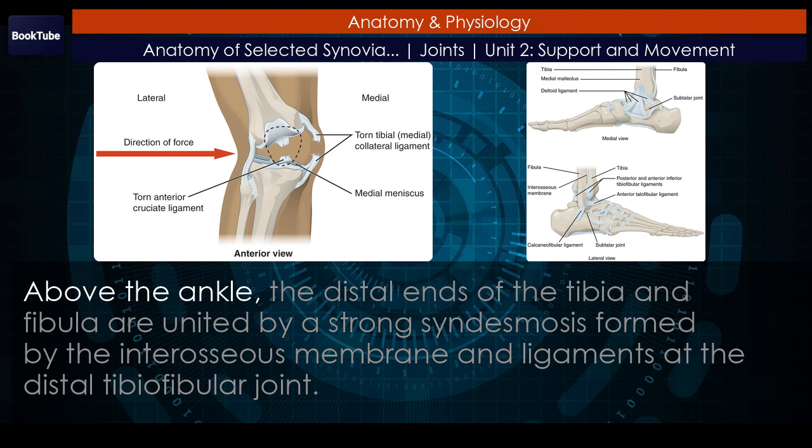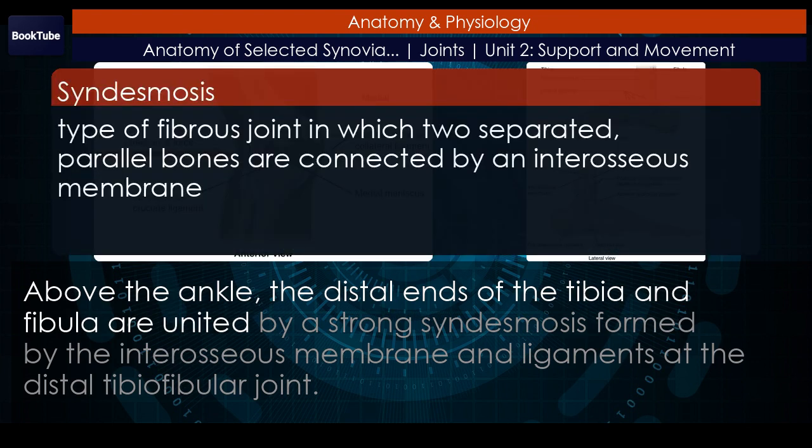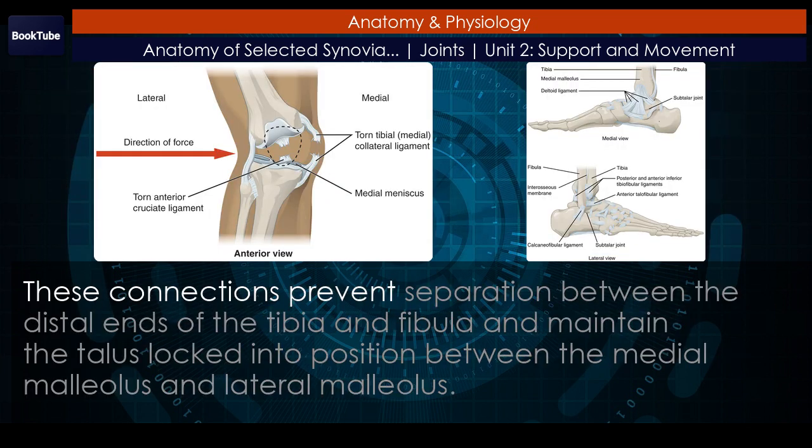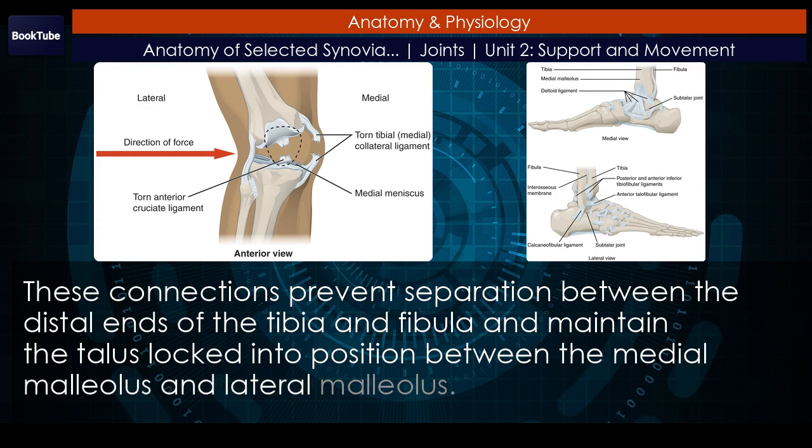Above the ankle, the distal ends of the tibia and fibula are united by a strong syndesmosis formed by the interosseous membrane and ligaments at the distal tibiofibular joint. These connections prevent separation between the distal ends of the tibia and fibula and maintain the talus locked into position between the medial malleolus and lateral malleolus.